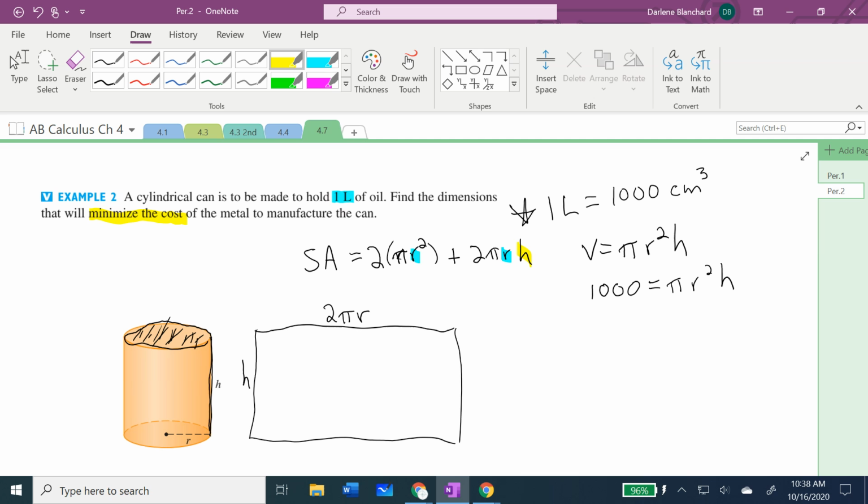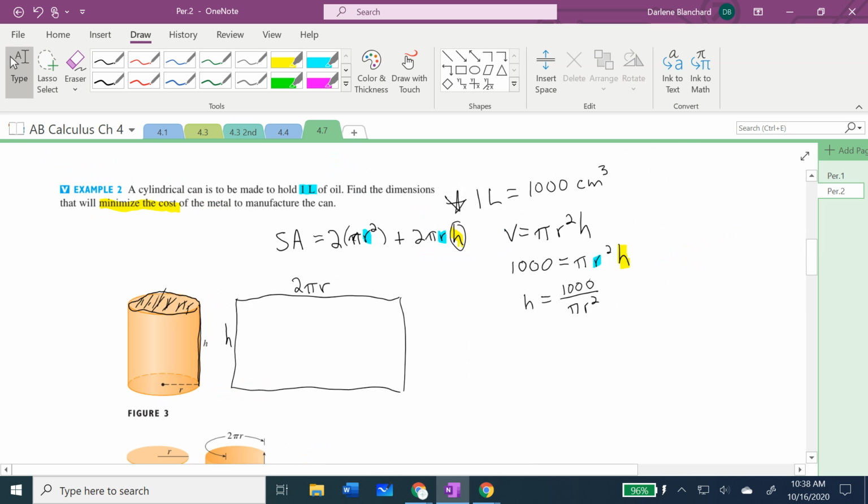Now, I have a choice of either isolating H and plugging it into the 1H, or isolating R, meaning I'm going to have to get a square root involved and plugging it into 2 different R's. What a choice. So if we want to avoid extra work, we're going to isolate that H. And then substitute that into the H that is right there.